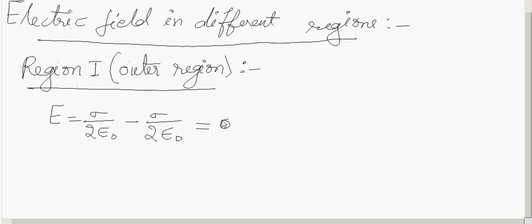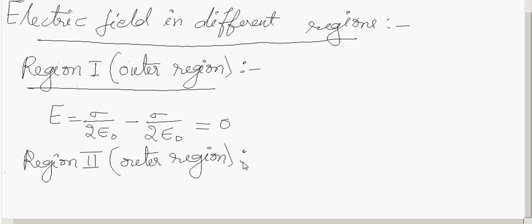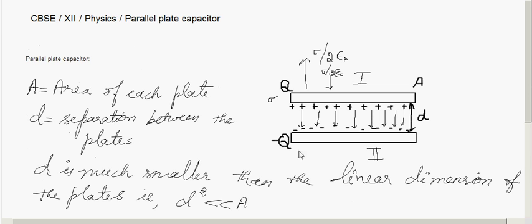Now consider region 2. Again, this is also an outer region. Similar to region 1, here also we have two equal and opposite fields, one due to the positive charge plate and another due to the negative charge plate, each sigma by 2 epsilon naught.